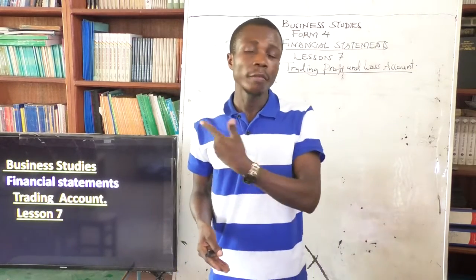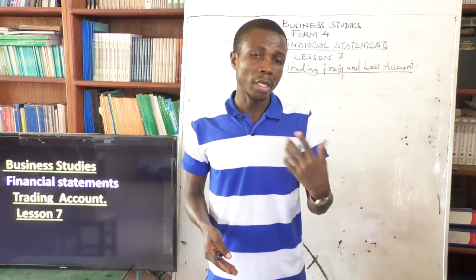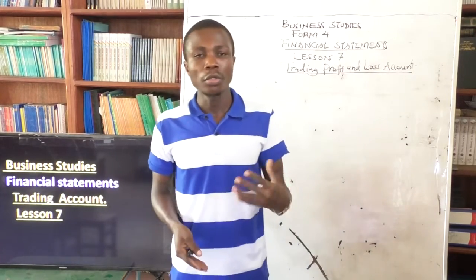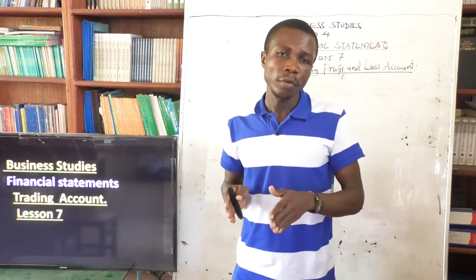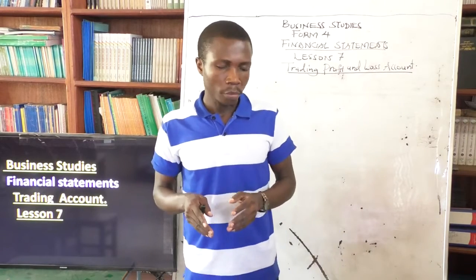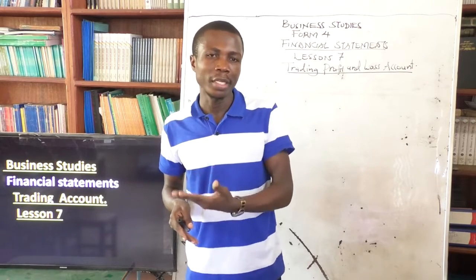Remember previously in Form 3 we talked about the balance sheet. The balance sheet is another account that we are going to talk about here. But in Form 4, the balance sheet is going to be a little more detailed because some additional information will be added.